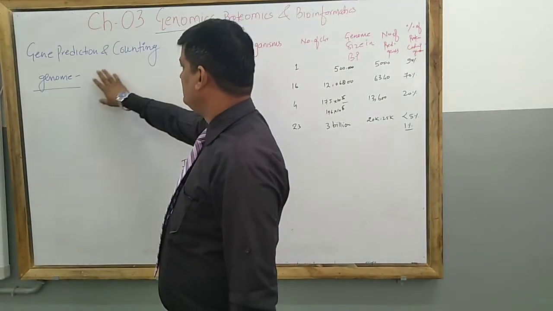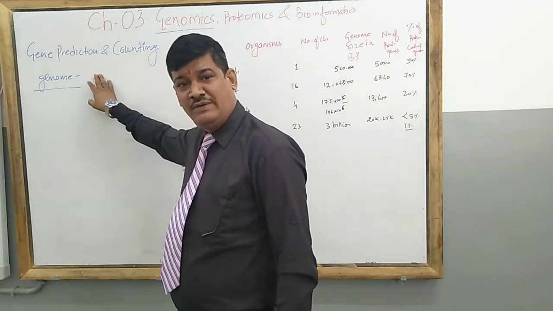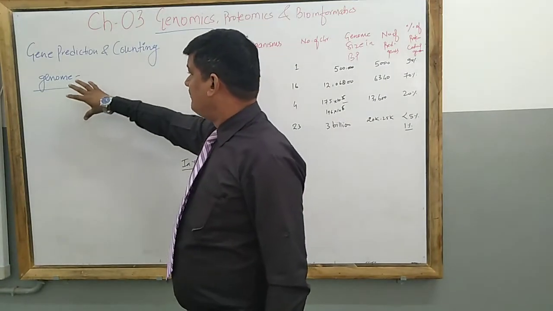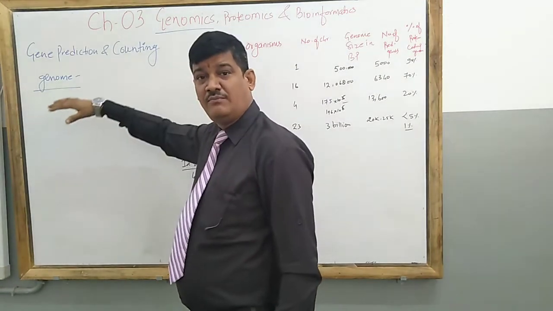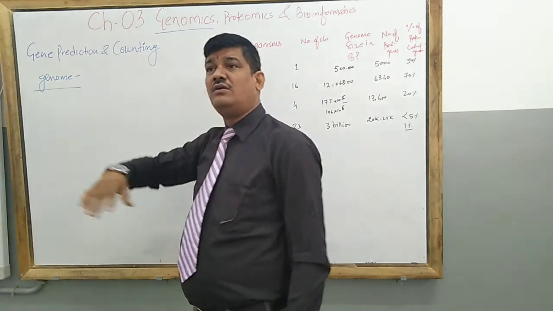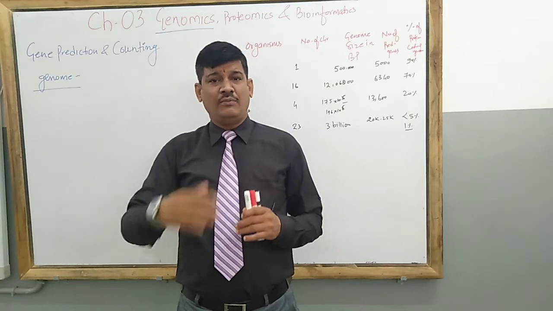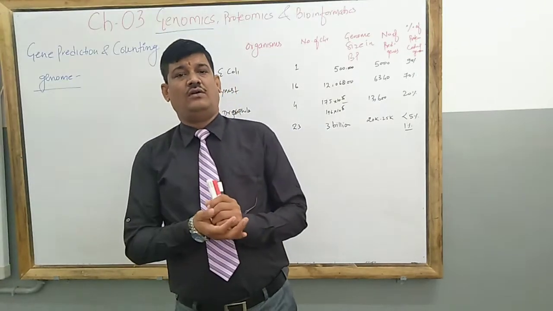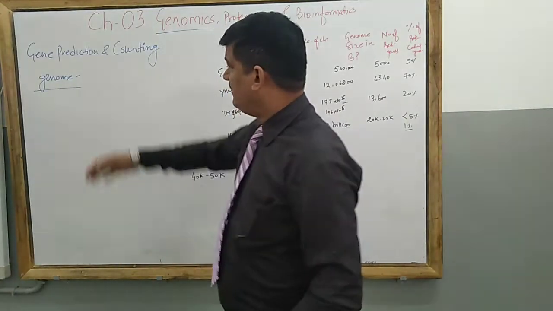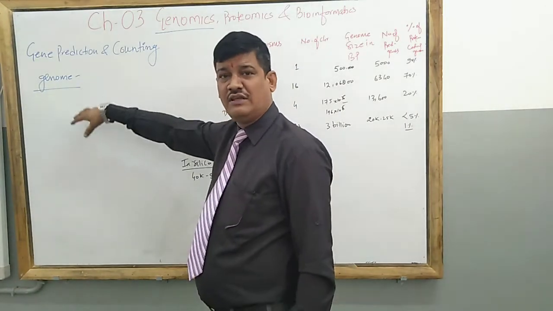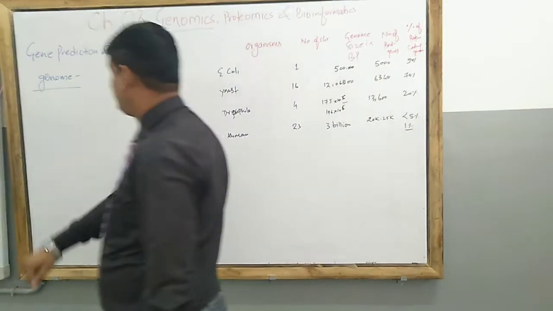So genomics defines the number of genes, the number of chromosomes, and the codons that are able to make the protein, which thereafter undergoes transcription and translation. All these things are studied in genomics.